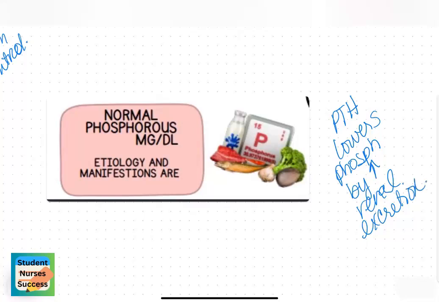We also know that phosphorus and calcium tend to have an inverse relationship. So when calcium is low, we know that phosphorus is high.